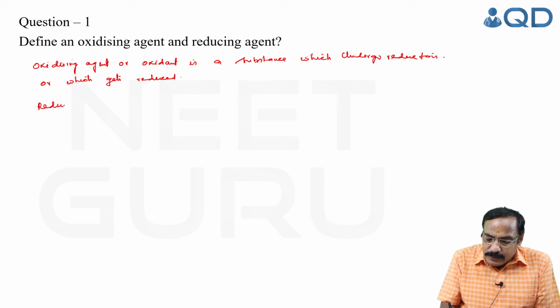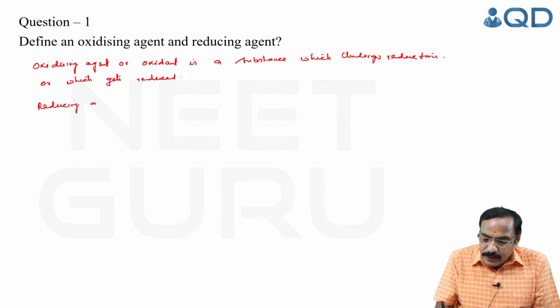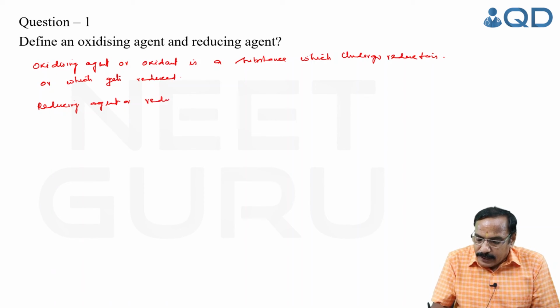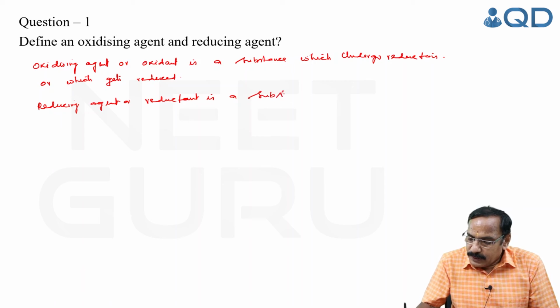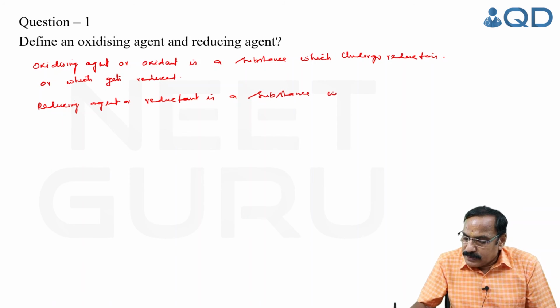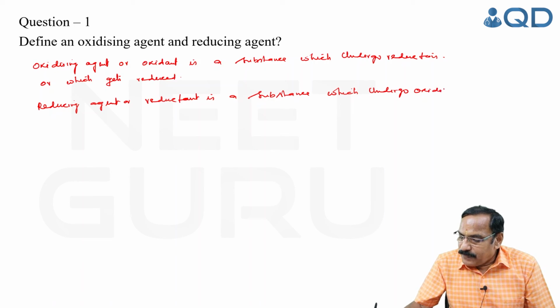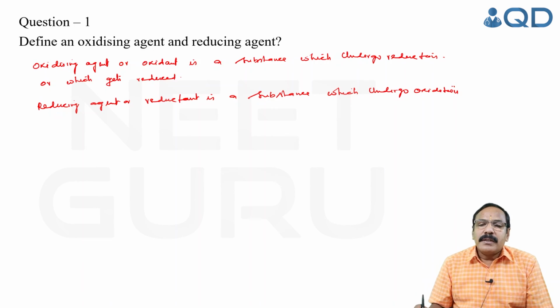And a reducing agent, or reductant, is a substance which undergoes oxidation. Clear now? Which undergoes oxidation.